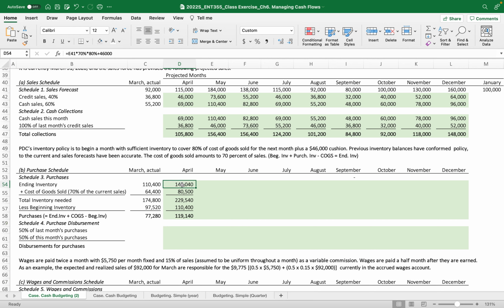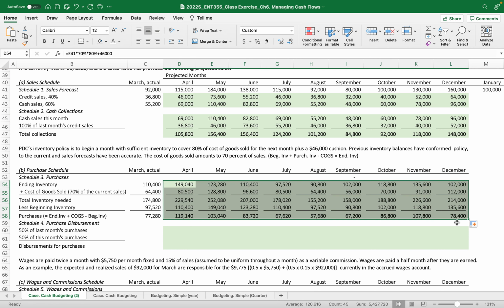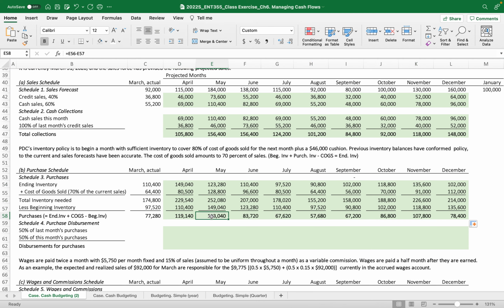Now let's drag to the right. Then we simply get, on a monthly basis, how much purchased inventory we need to cover the planned inventory to be sold for the next month, right? We need to maintain this purchased inventory as well.